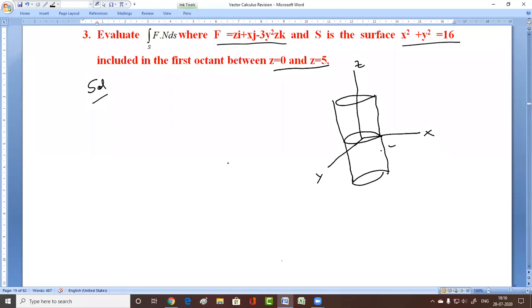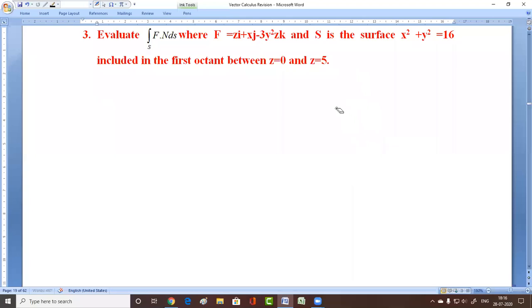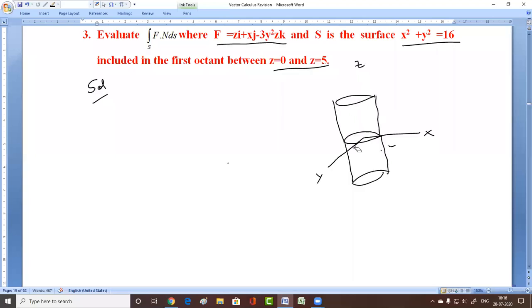Now I will draw the diagram again, clearly. Now listen carefully. If you understand the diagram, then only you will get the solution. Otherwise, it is very difficult.